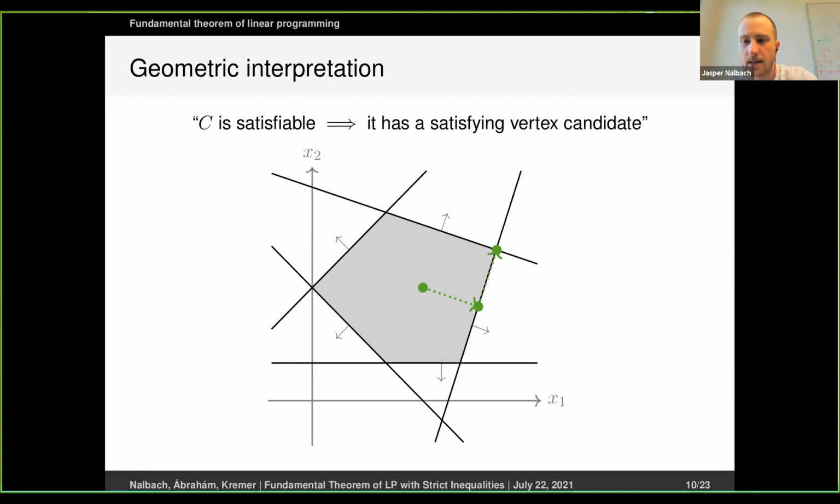And basically, this is the structure of how we could prove the fundamental theorem of linear programming: by proving that we can always move the assignment to such boundaries until we find a vertex candidate.